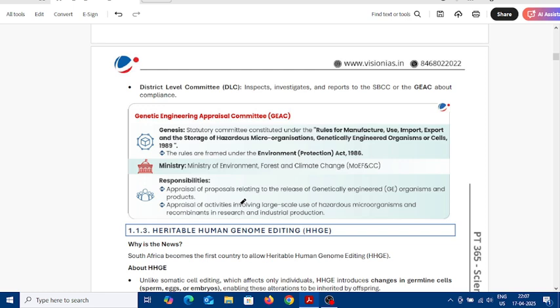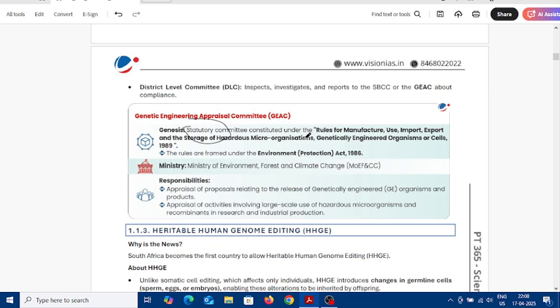Then we have this committee, the Genetic Engineering Appraisal Committee. It is important. This is a statutory committee. It means it has been made by a law. It has been constituted under a law which reads as Rules for Manufacturing, Use, Import, Export, and Storage of Hazardous Microorganisms and Genetically Engineered Organisms or Cells, 1989.